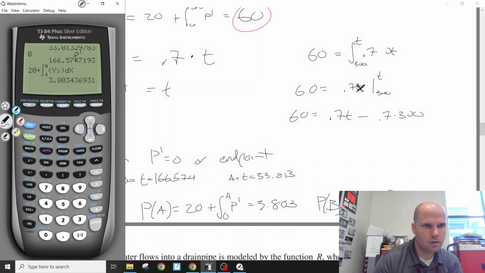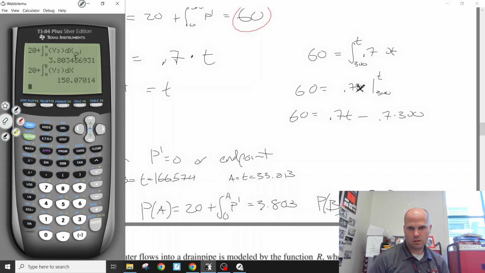If I do this from 0 to B, I should get my amount at B. But I should also get that same number if I go from A to B off of A.